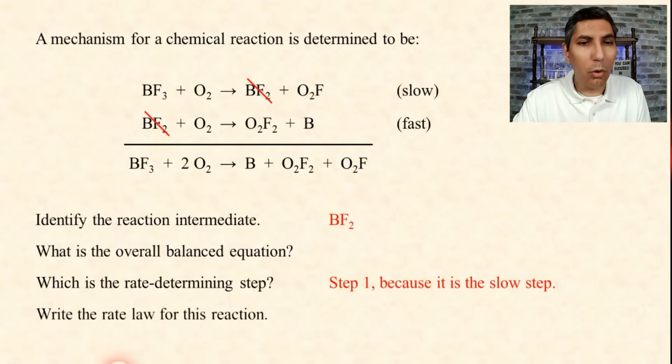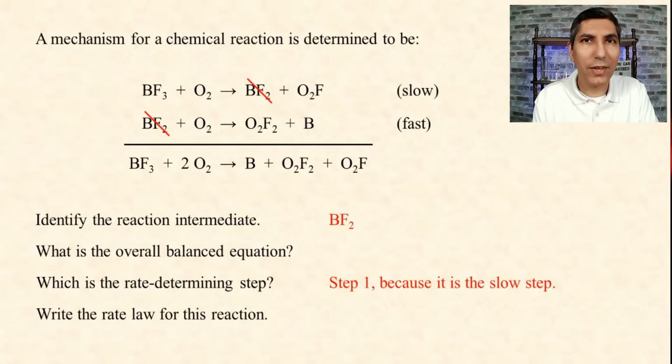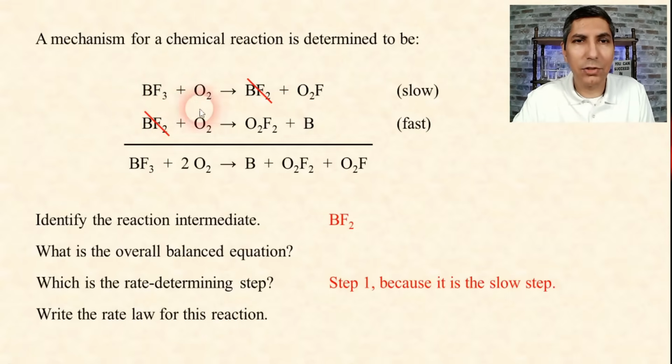Now, what is the overall rate law for the reaction? Well, the rate law for the overall reaction is the same as the rate law for the slow step. And so the way you write that is just rate equals K times the concentration of the first reactant of that slow step times the concentration of that other reactant in that slow step as well.